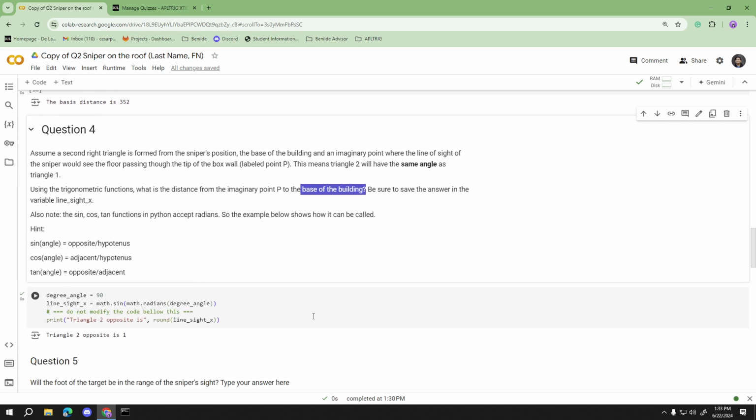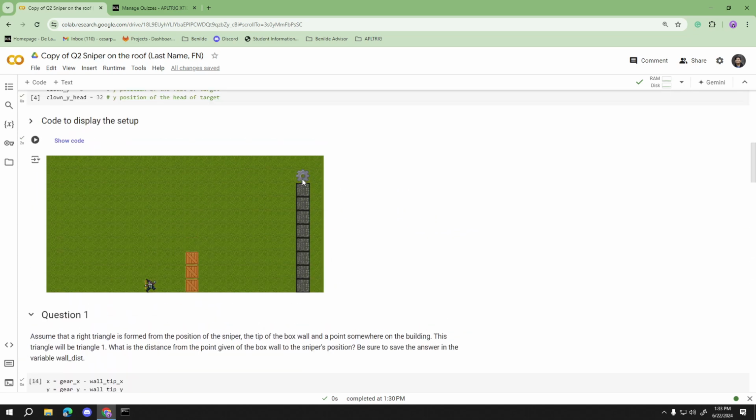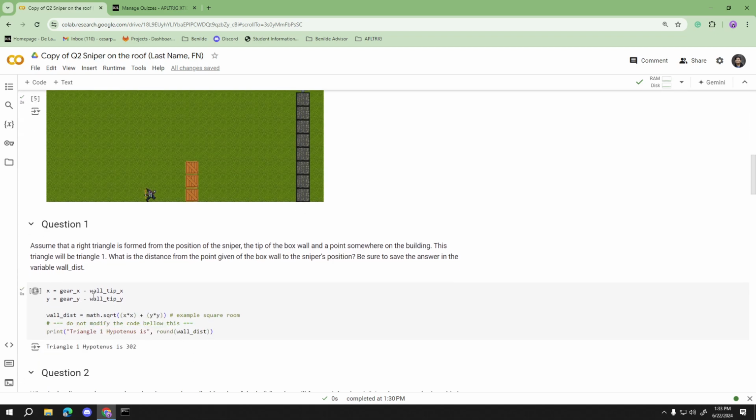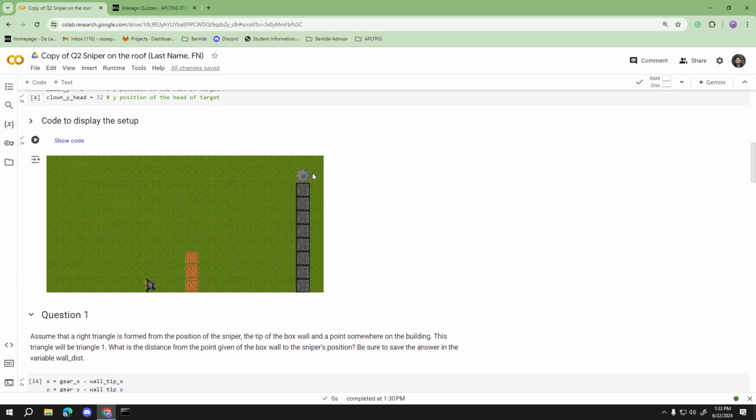I didn't write it down. We have from gear y to 0, which is clearly just gear y. And then we just have to find this. Since we're looking for this, you're going to use tangent. Why? We have the opposite right here, which is how far we want, and then we have the adjacent here, which is gear y.